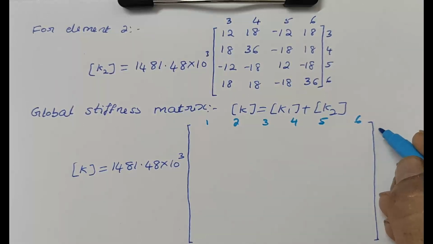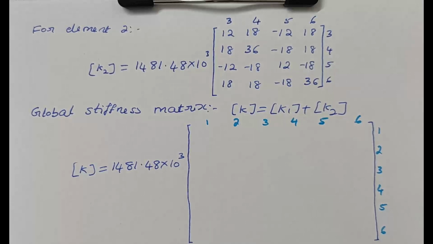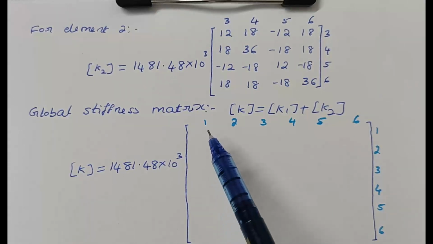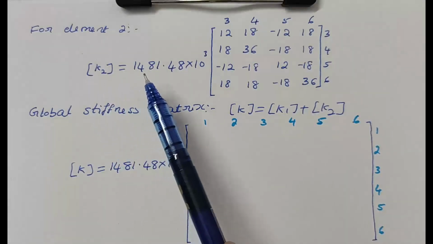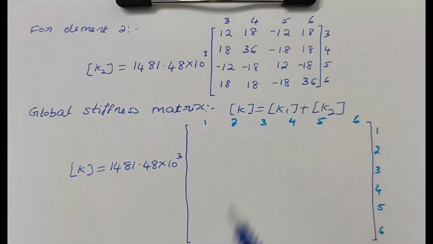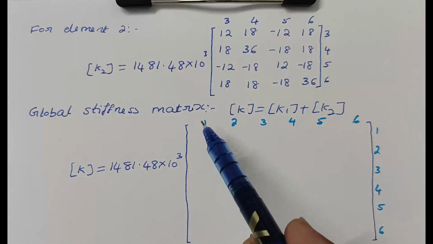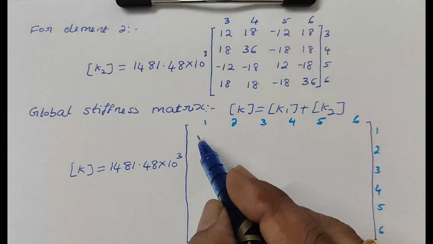Here also it is 1, 2, 3, 4, 5, 6. See, first we need the element corresponding to 1 and 1. See the elemental stiffness matrix of first element. Here the element corresponding to 1 and 1 is 12. In K2 we don't have any element corresponding to 1 and 1. Therefore the element corresponding to 1 and 1 is 12.